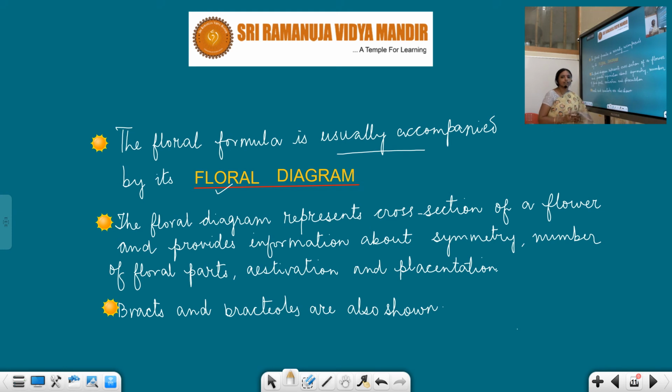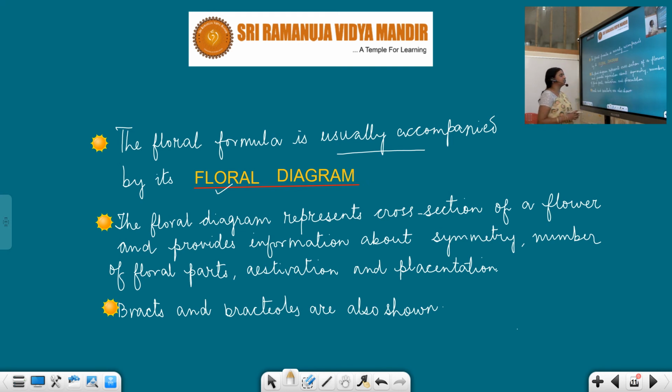The parts which are present in a flower, the 4 main whorls. The first, outermost whorl is the calyx, next to that the corolla, and next comes the androecium, and the innermost whorl is the gynoecium.